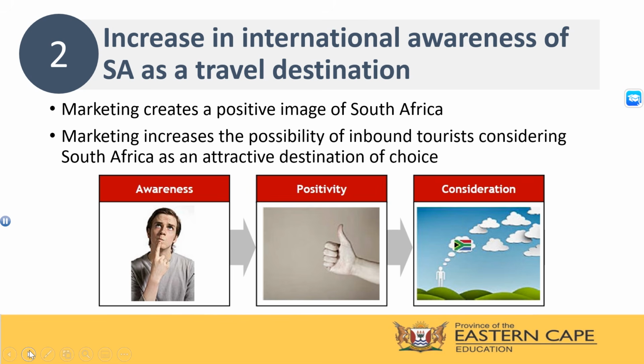We want to inform the potential tourists about what we have on offer, and that then goes hand in hand with the creation of a positive image of South Africa. And a positive image, together with successful marketing, will increase the possibility of inbound tourists considering South Africa as an attractive destination of choice.